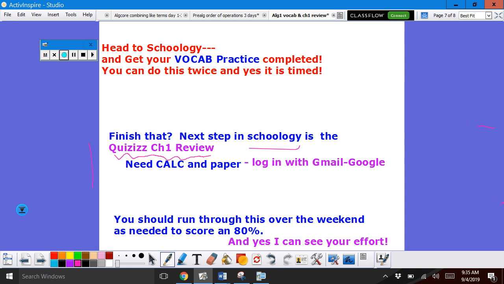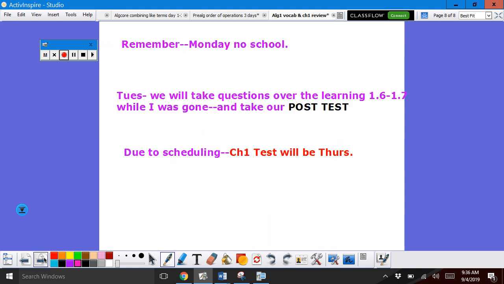Now, if you do not get done with this quizzes review, you should continue to practice on that this weekend and Monday. That would be something really good to work on coming up to a test. Your goal is an 80%. Okay, the goal is an 80% on that. If you get an 80%, chances are you should do fairly well on the test that we have coming up this week. Any questions, let me know.